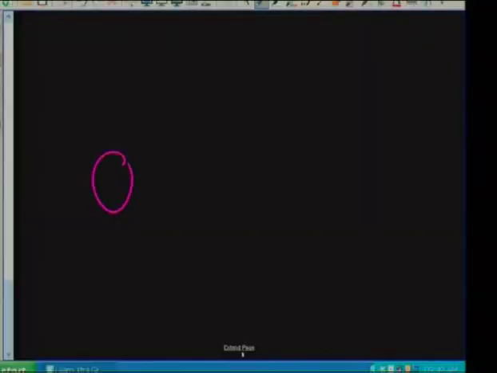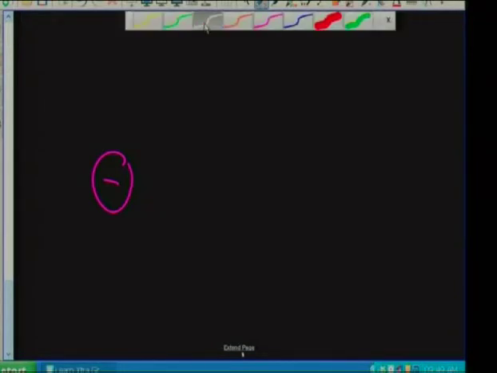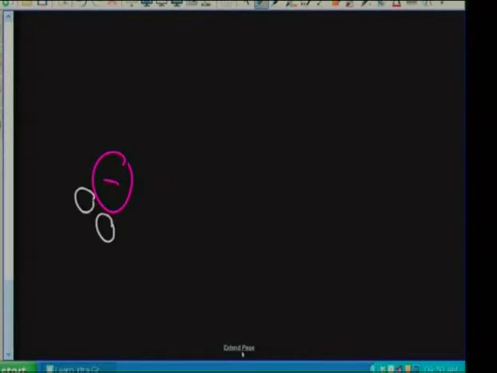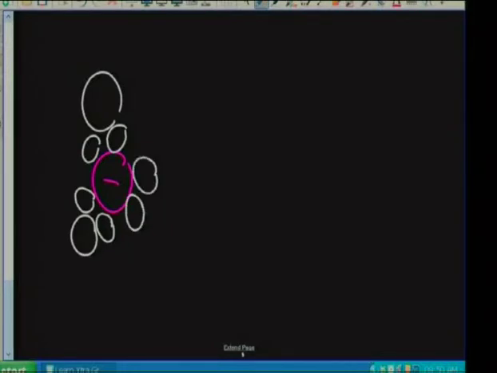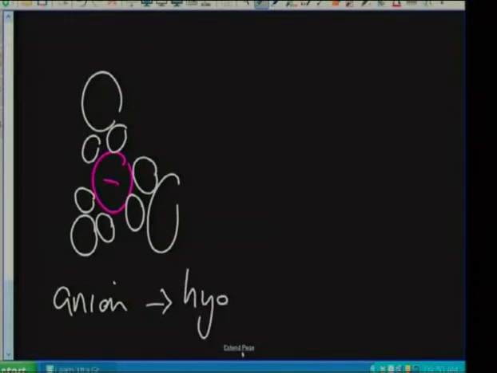We've got a negative ion there, and it's hooked up to a whole lot of others in the ionic lattice, and we've got water molecules. Now, the water molecules, they surround them like this. The positive ends go to the negative because opposite charges attract. And so this ion, this anion, is also hydrated. The anion becomes hydrated.